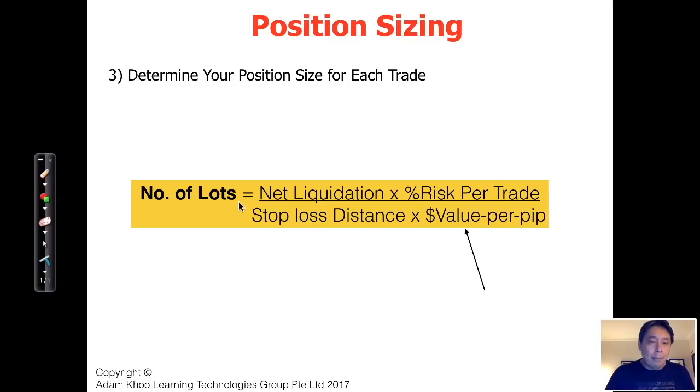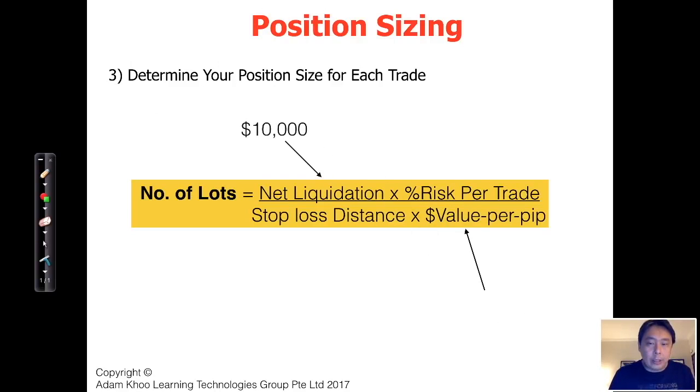The number of lots to trade equals your net liquidation, or your current capital, multiplied by your risk per trade, which is 1%, 2%, 3%, divided by your stop loss distance, multiplied by your dollar value per pip, per standard contract. Okay?